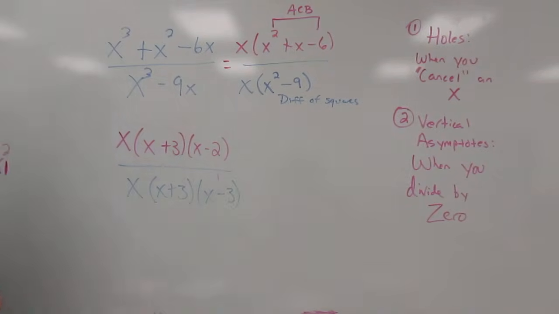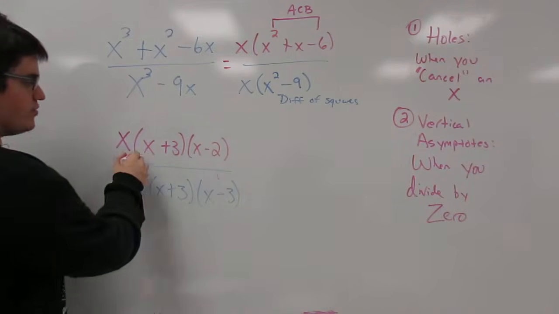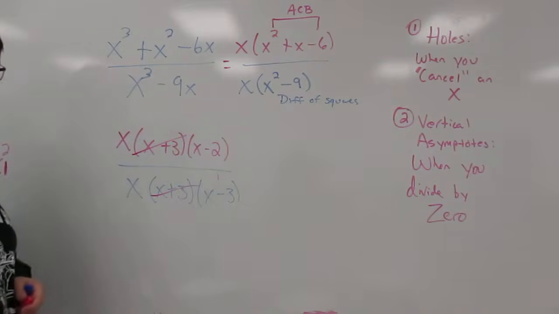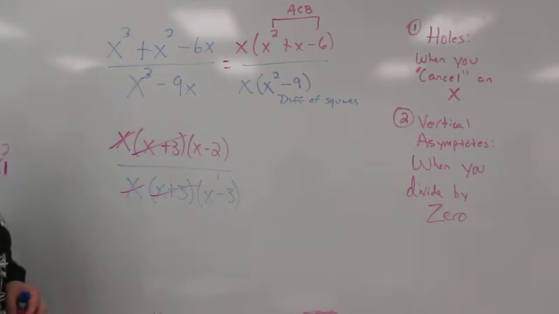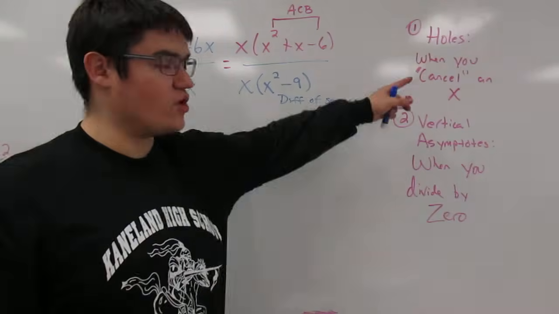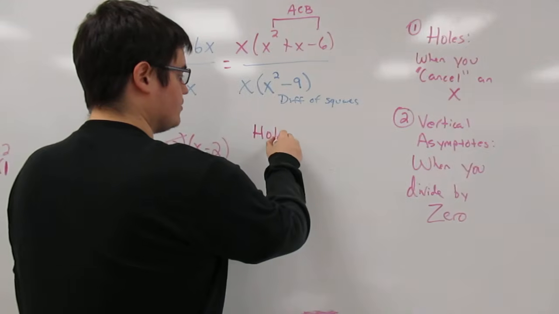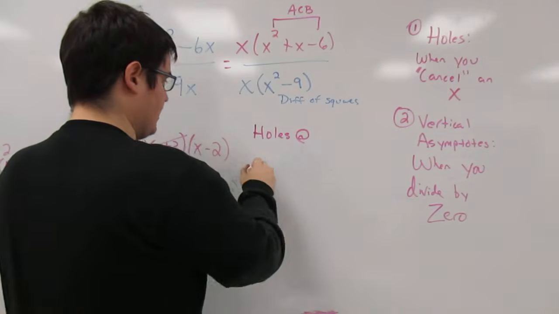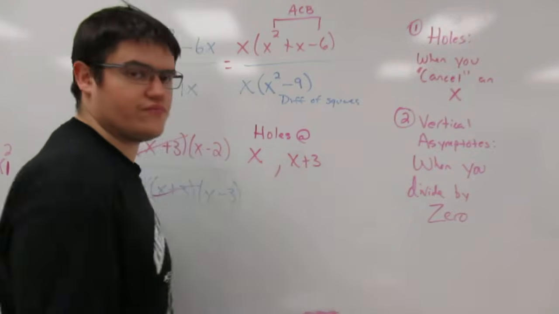Okay, now you look for things that'll cancel. Well, I have an x plus 3, and you have an x, because they're being all multiplied. Now remember, whenever you cancel an x, you create holes. So now we have holes at x and x plus 3.